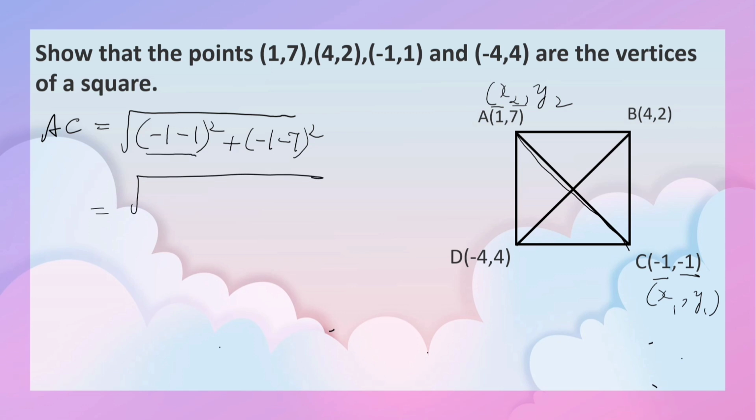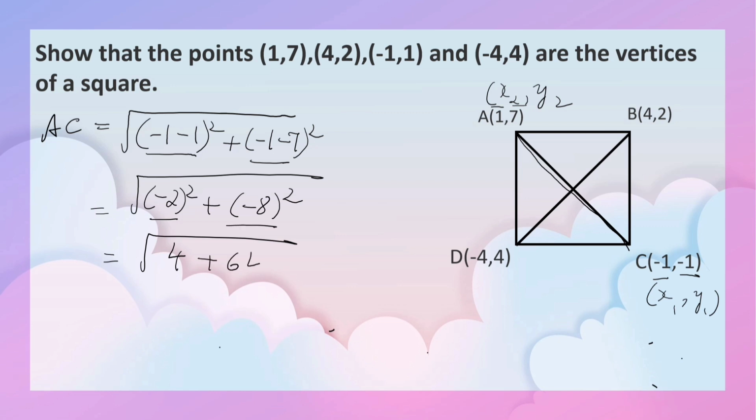Here -1 minus 1 is -2 the square. Here -1 minus 7 is -8 the square. That is equal to, this is 4, this is 64. That is equal to square root of 68 units.